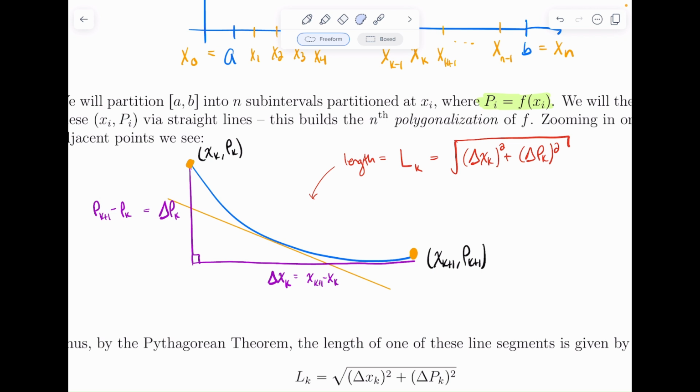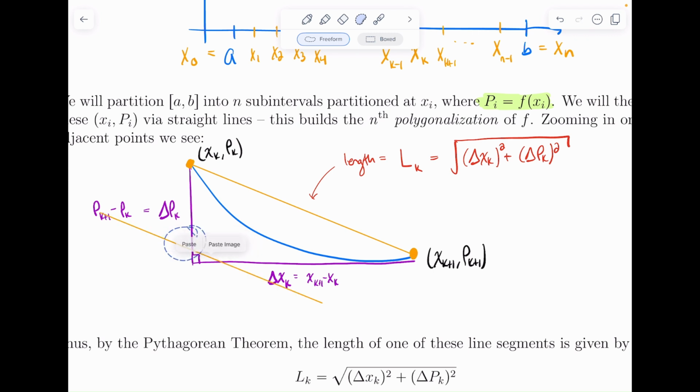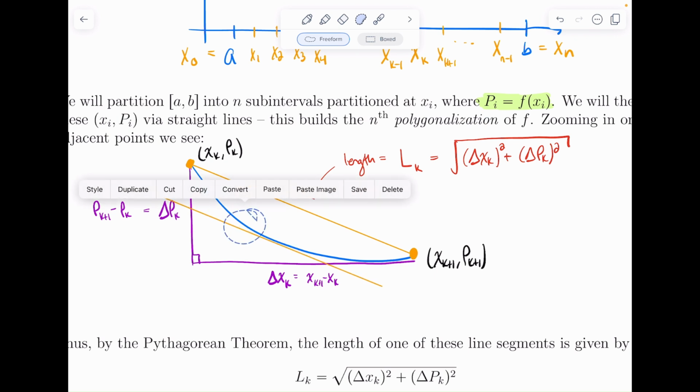So in fact, every time I have a secant line, there exists some point, in this case right there, for which my secant line becomes a tangent line.